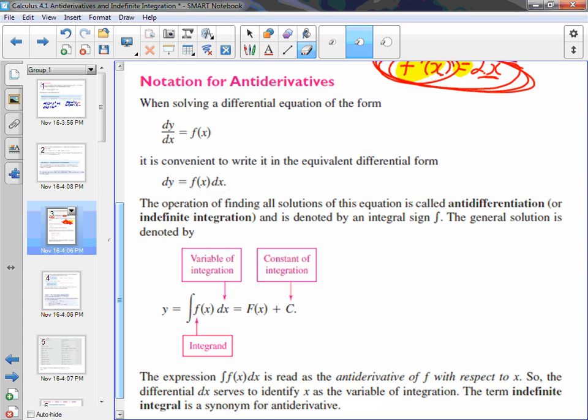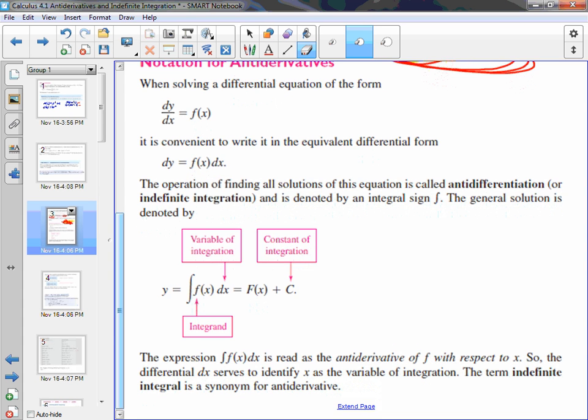Okay? So it is the same idea. The operation of finding all solutions of this equation is called antidifferentiation, or finding the antiderivative, or finding an indefinite integral. And by the way, if there's an indefinite integral, there's a definite integral. We'll get there someday.